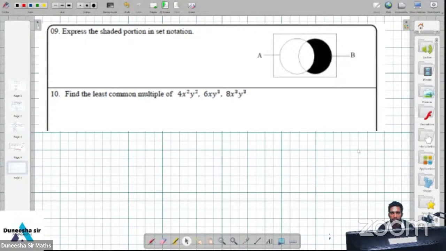What is the portion? මම ඒක පොඩ්ඩක් explain කරන්නම්.